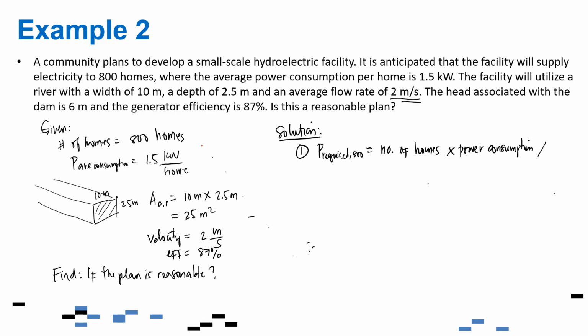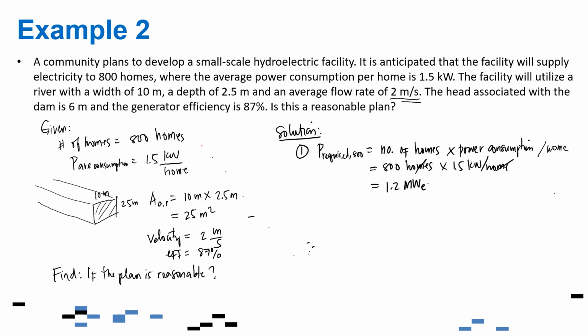So we have all of these given now: 800 homes times 1.5 kilowatts per home. The units cancel, and we get the answer of 1.2 megawatts of electricity.